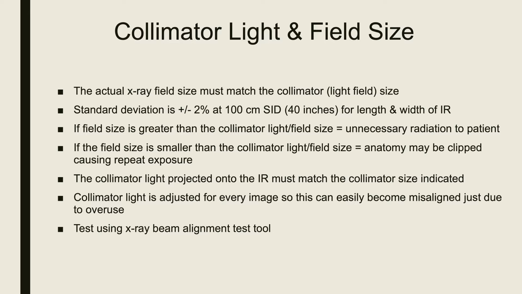If the field size is greater, then you're giving the patient unnecessary radiation, and if the field size happens to be smaller, then the anatomy could be clipped. So this is why this is extremely important. The collimator light projected onto the IR must match the collimator size indicated. So when you're manipulating the collimator, those numbers must match what is projected on your detector.